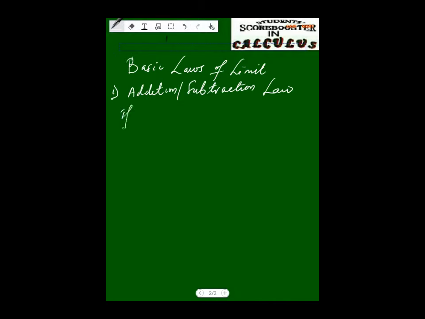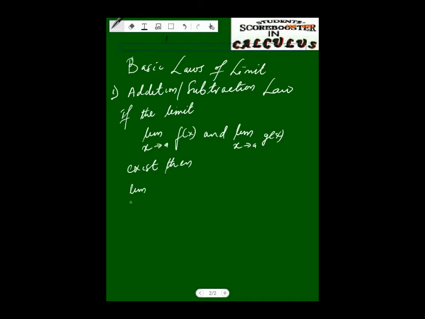This law says if the limit as x tends to a of a function f of x, and another function, the limit as x tends to a of g of x, exist, then for the limit as x tends to a, we can add both of them or subtract both of them and find our limits.